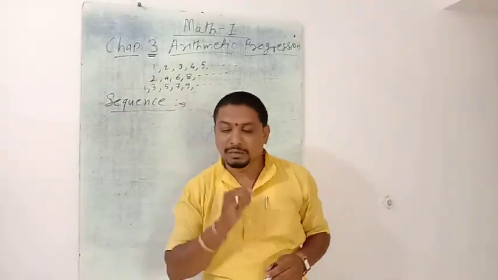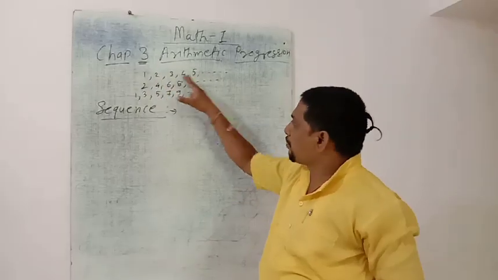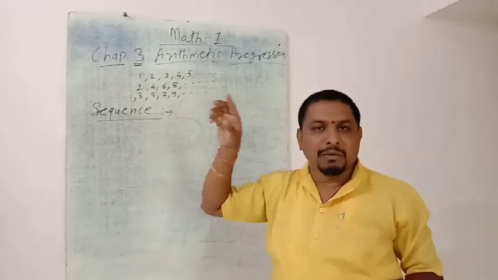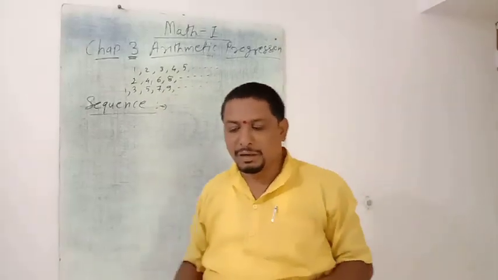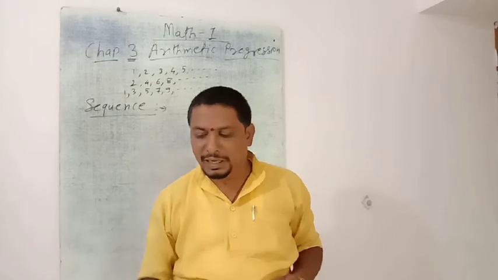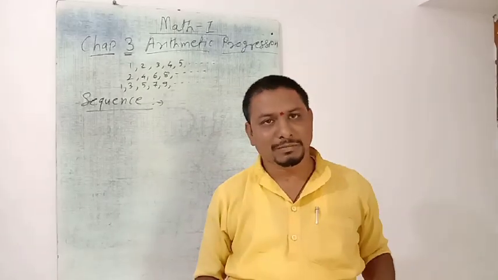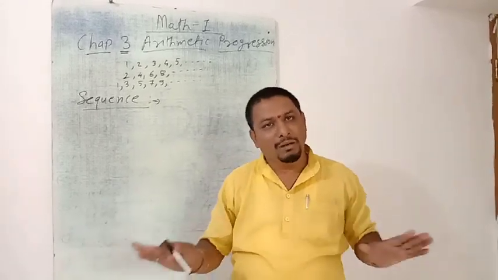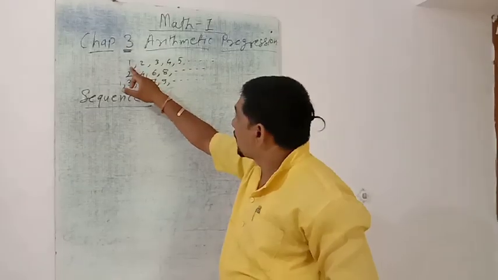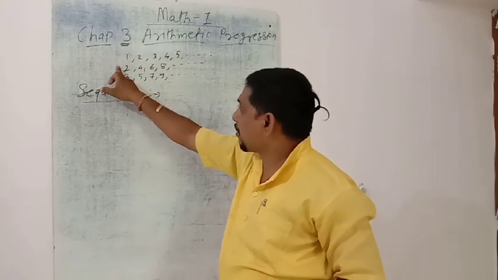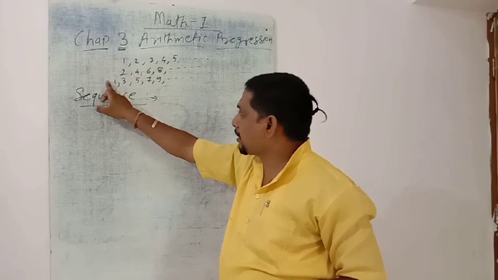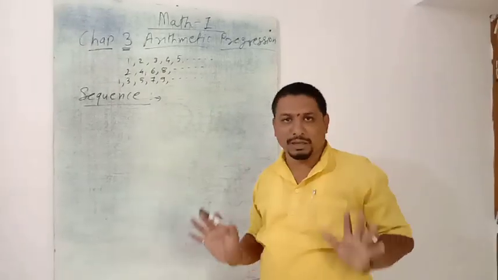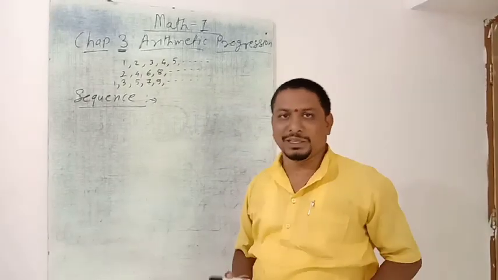A sequence is a set of numbers where the numbers are arranged in a definite order, like the natural number set, even number set, or odd number set. All these numbers are arranged in a definite order, so it is called a sequence.